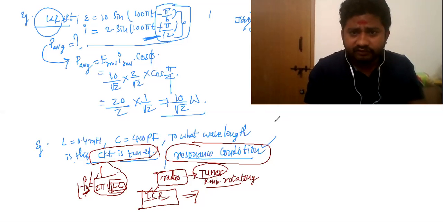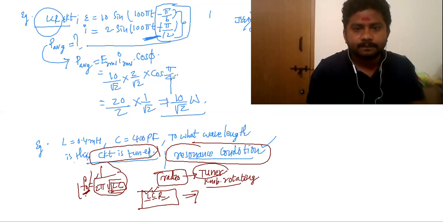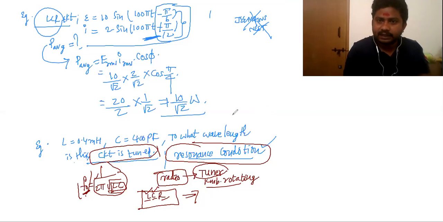So for a particular channel, for example, the resonance frequency is some 440 hertz. Carefully see, f is 1 by 2 pi root L into C, right?